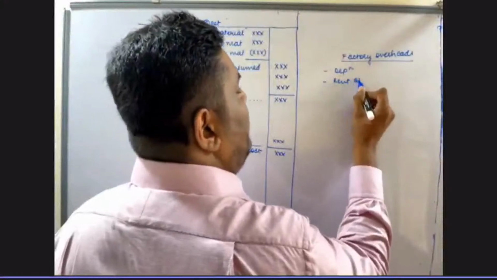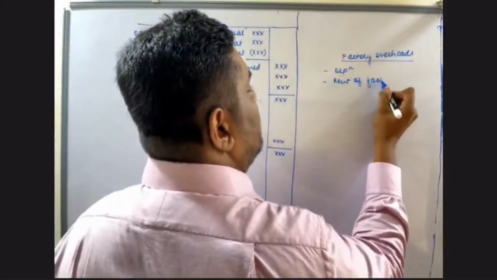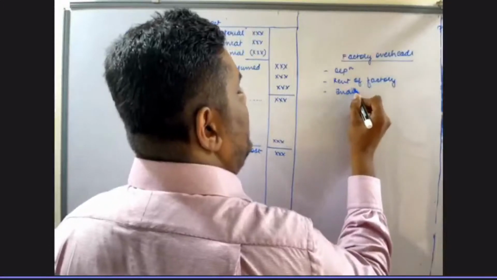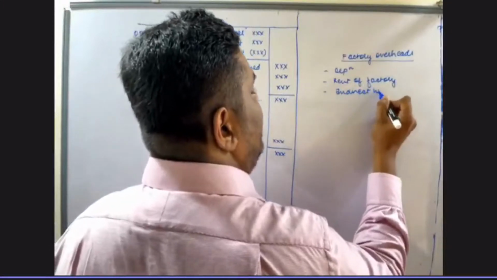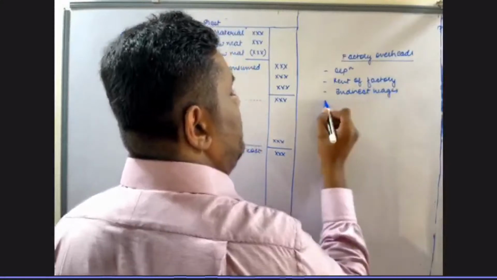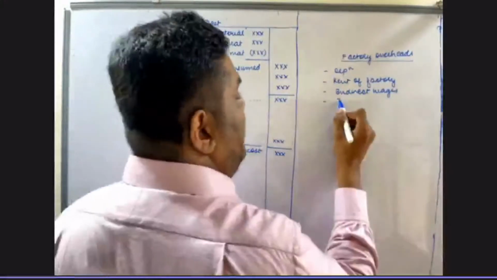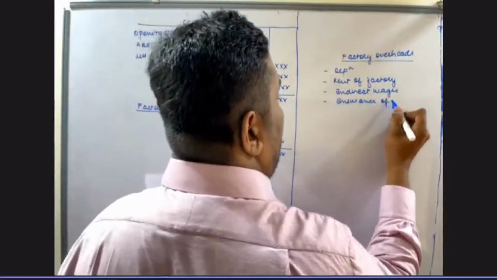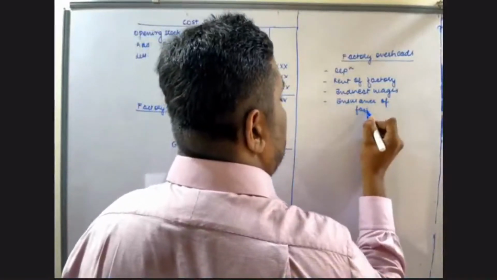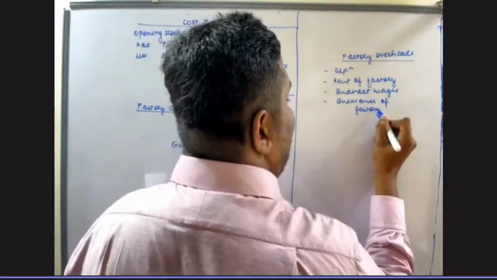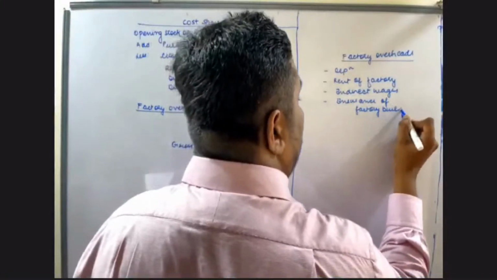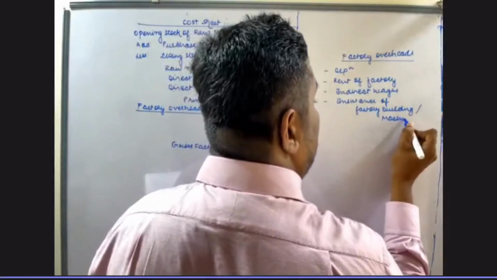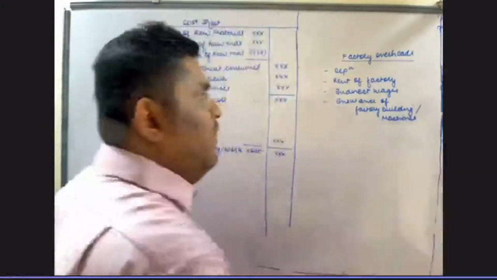Rent of factory. Further, if indirect wages are given in the question, they will form part of factory overhead. Further, insurance of factory building or machines will form part of factory overhead.